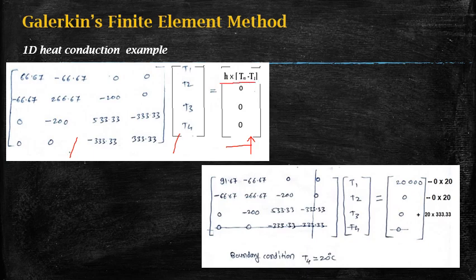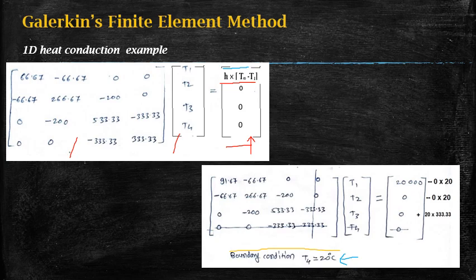One more thing, another boundary condition is a fixed temperature boundary condition, that is T4 is equal to 20 degrees Celsius. So just keep in mind that this boundary condition is directly specified on the field variable itself, and this boundary condition is specified on the first derivative of the field variable, because to calculate the flux or heat transfer rate you have to take dT by dx into consideration.